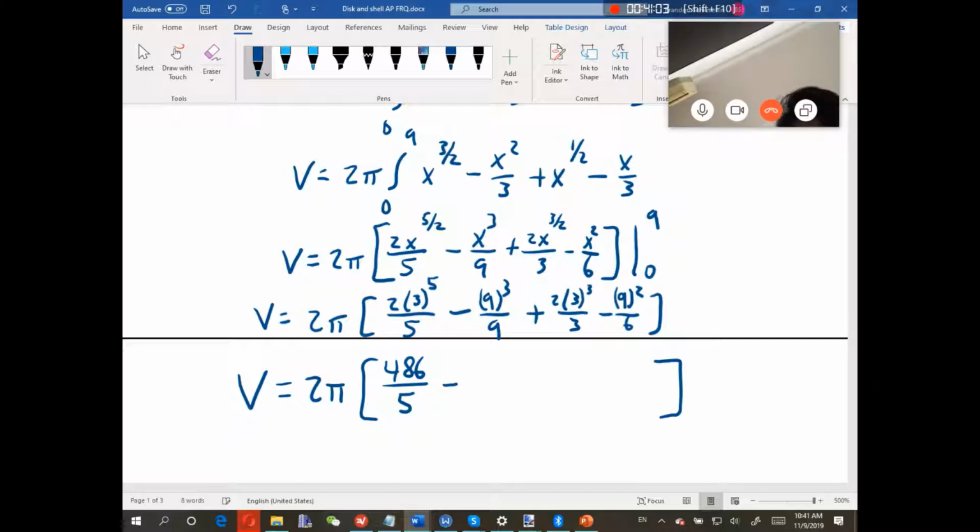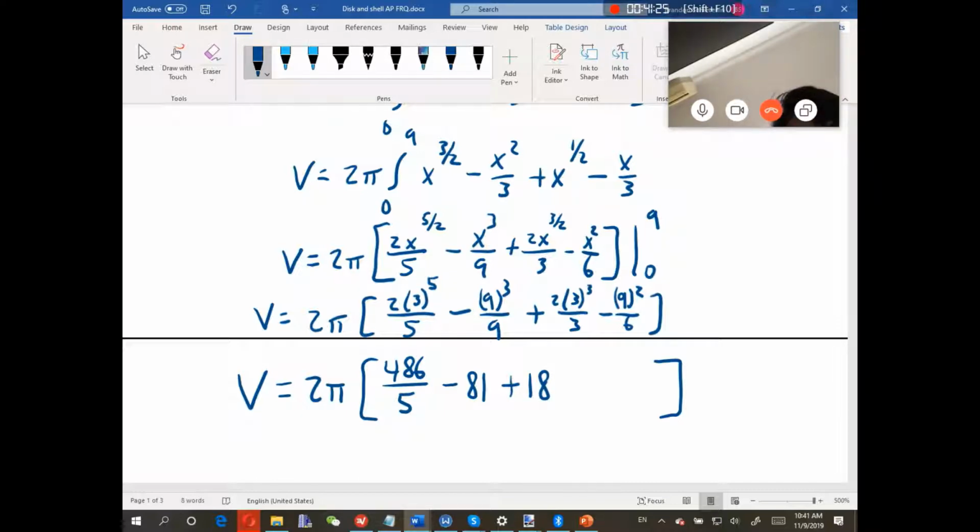So that's minus 81. This 3 cubed over 3 is the same thing as 3 squared times 2, which is 18.